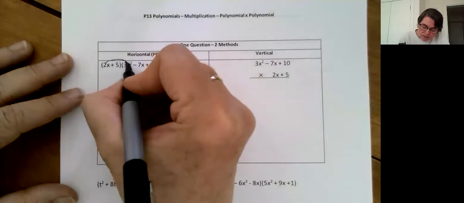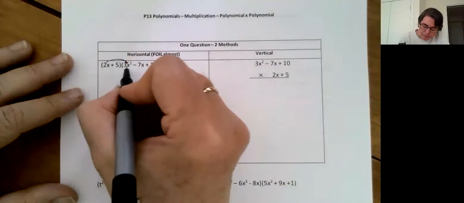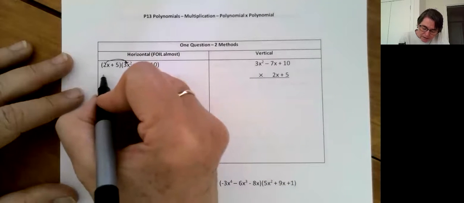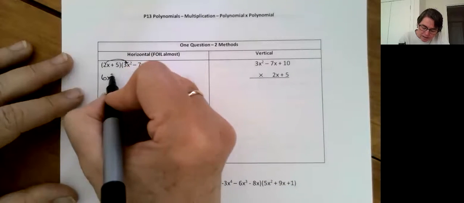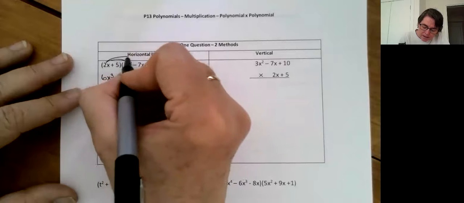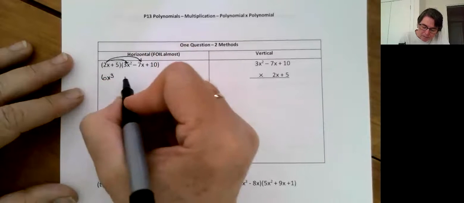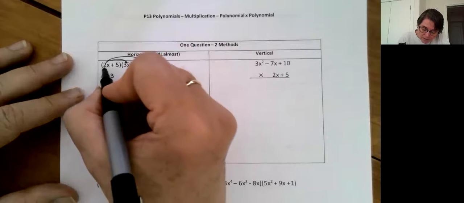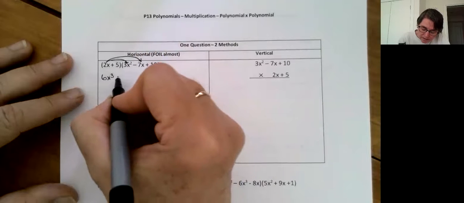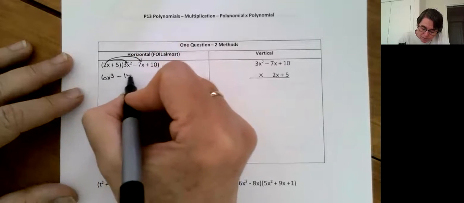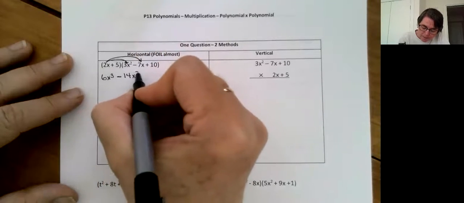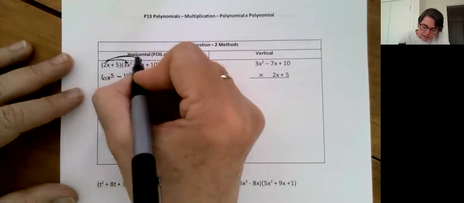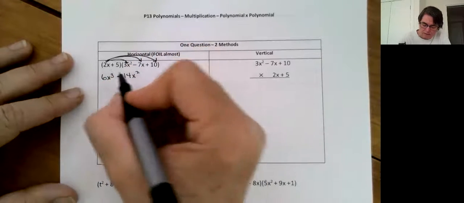So horizontal is just distributing. 2x times 3x squared is 6x to the 3rd. And then we do it again. So far, we're at the FOIL. 2x times negative 7x is minus 14x squared. But this is the weird part. We're going to distribute to the 10 also.